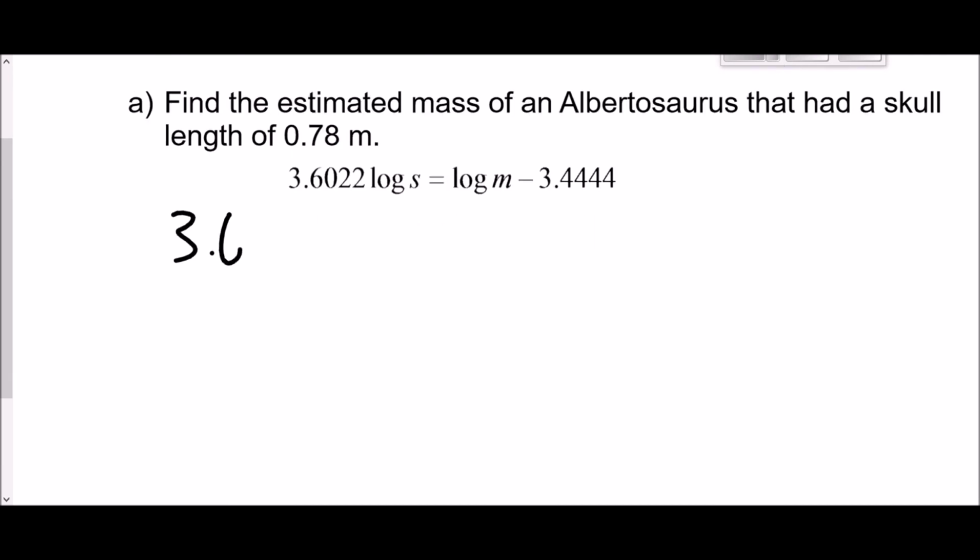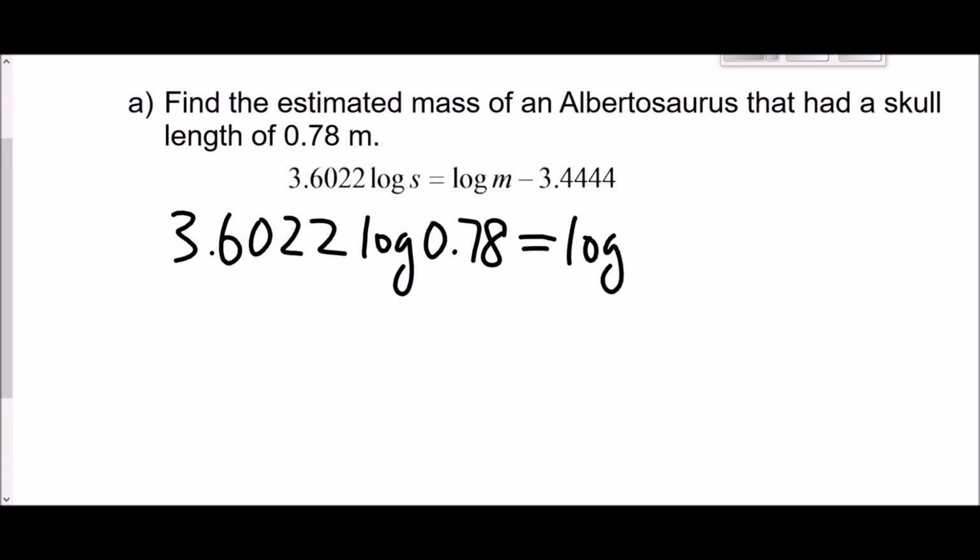So 3.6022 times log of 0.78 equals, in this case you are trying to find the mass, so we don't know M. Leave that, that's fine. Minus 3.4444.